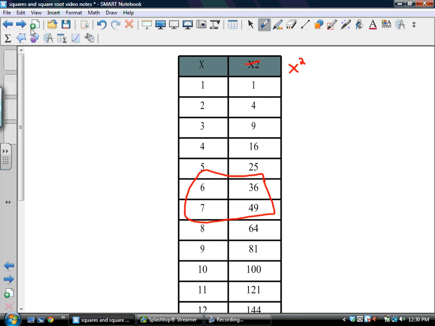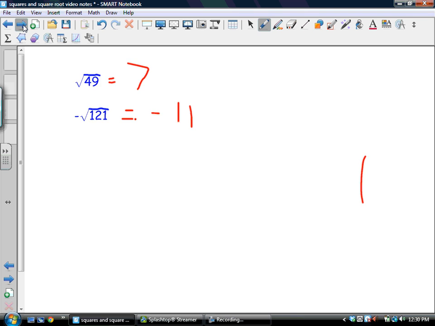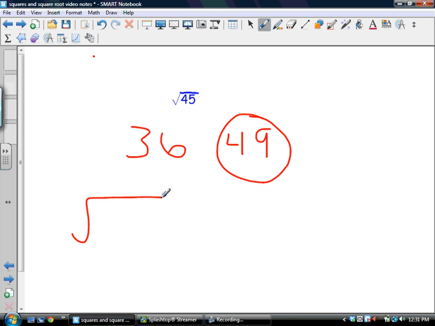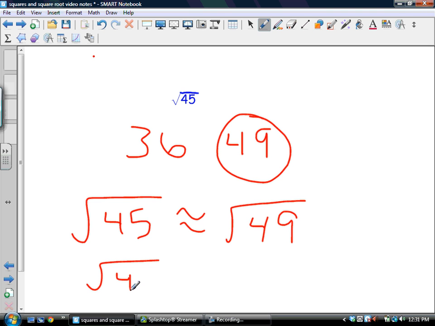And so to approximate, we know 45 is between 36 and 49. So what we'll use for our approximation is whichever one of these it is closer to. Obviously, if you look at these, 45 is closer to 49. So we would say that the square root of 45 is approximately the same as the square root of 49. So the square root of 45 is approximately 7.